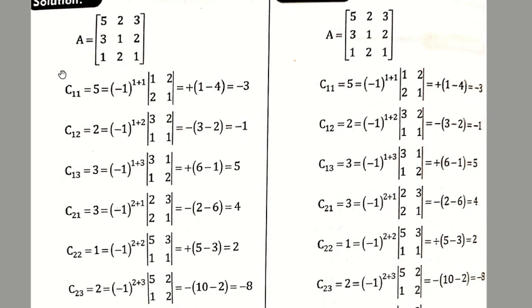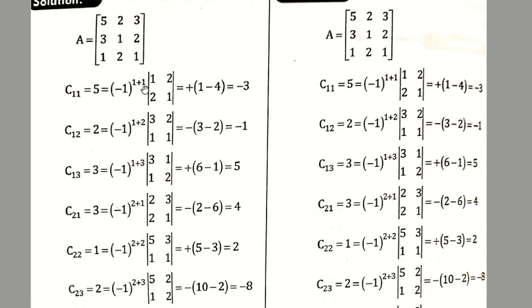So basically we start with each number or element in the matrix. So your first number is 5. So this is C11, the first row and the first column. So C11 is equal to minus 1, always you will have the formula start with minus 1, to the power of first row plus first column, 1 plus 1.